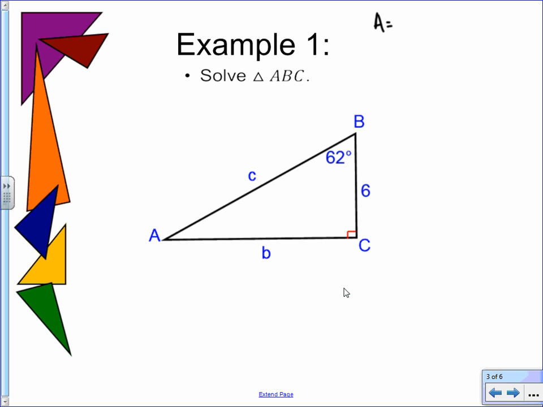And then when I look around the outside of my triangle for my side lengths, I only know side A is 6, so I have to find side B and C. Once I say what all of those things are equal to, then I'll have finished my problem. And I can move on to the next one.